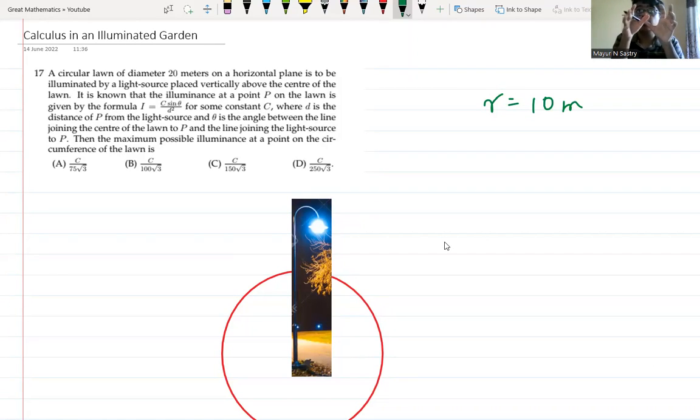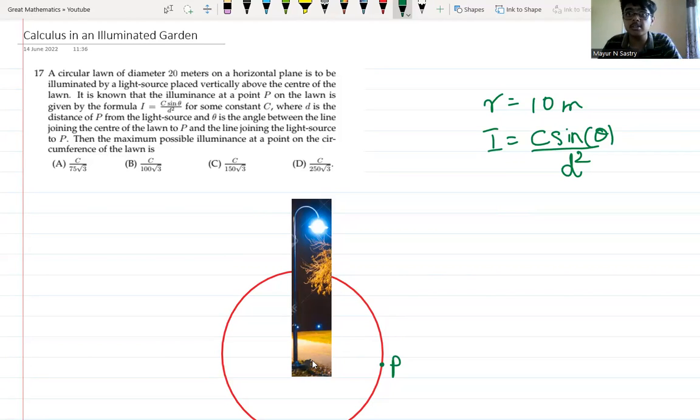Now, it is known that the illuminance at a point P on the lawn is given by this formula. So let's mark the point P on this lawn. So let us say it's here. And the illuminance I is given to be C sine of theta over d square. Let's draw the radius connecting P to the center. So let us say the center is here, as the lamp is vertically above the center.